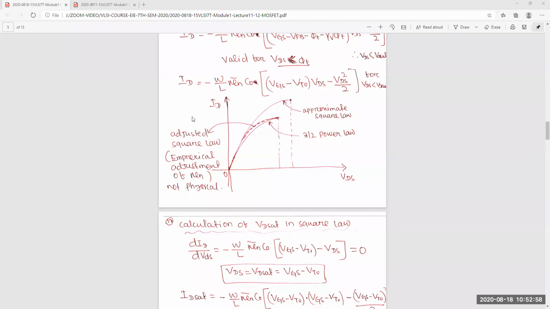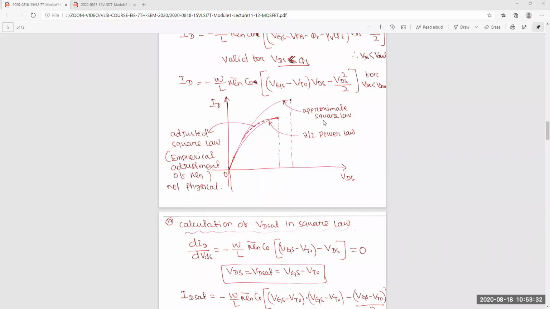Here, at this point, what is the slope? Zero. Everyone agree? At this point the slope is 0. The change after that is 0, because whatever change we make to VDS, ID will not change.